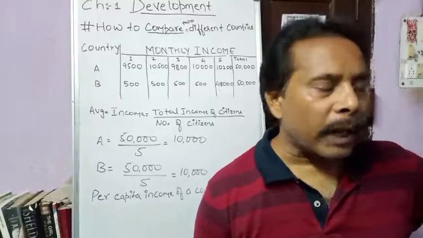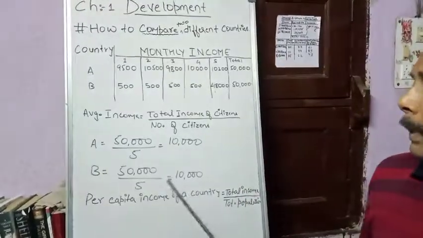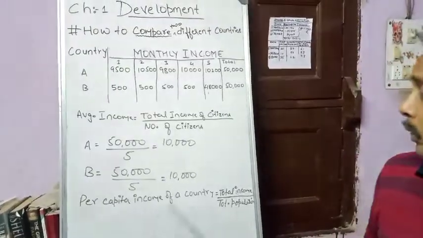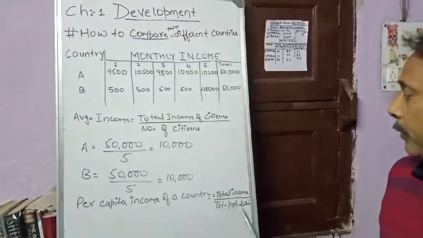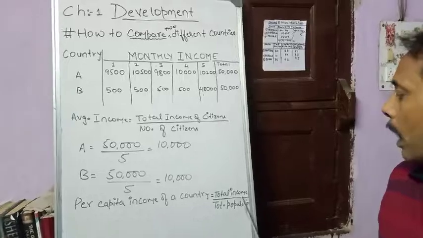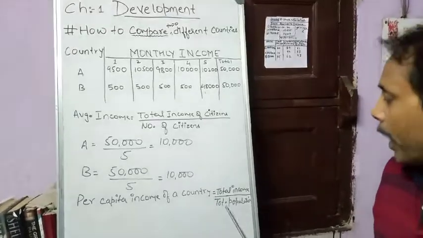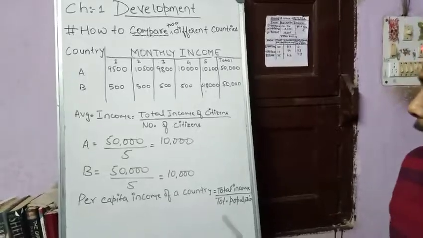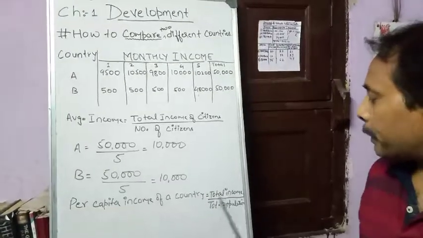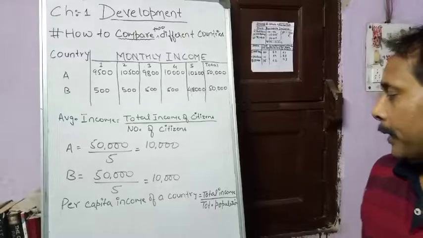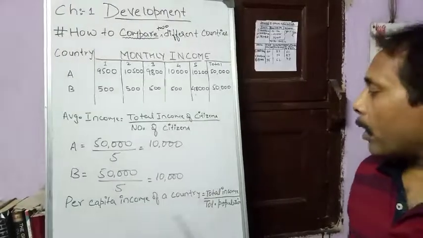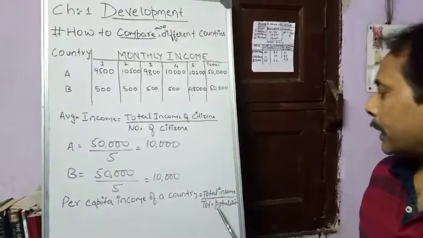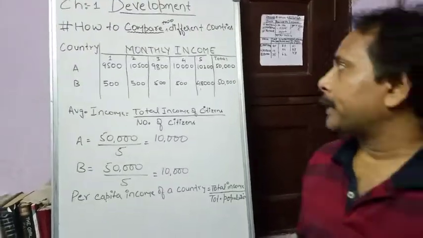As we know, every person participates in the production process, and even those who are not employed anywhere or not participating in the production process will also be counted. So our formula is: per capita income of a country is equal to total income divided by total population.